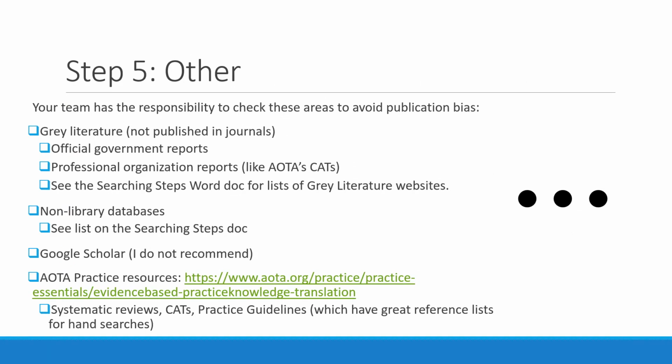There are some non-library databases that you can also search as well, like the Cochrane database. Also search AOTA practice resources. Again, I do not recommend using Google Scholar. If you do, document what you do, but like I said, you'll get some stuff, but you will not get all the stuff that you need, okay?